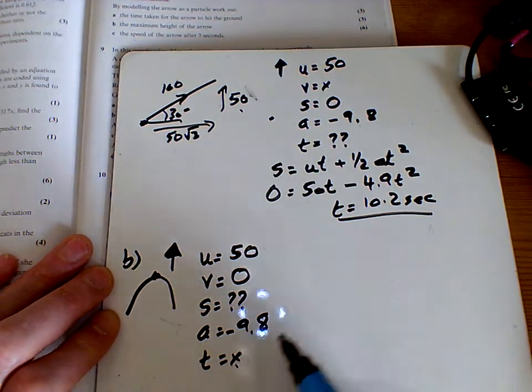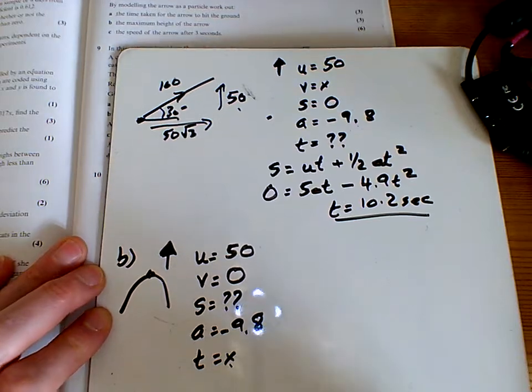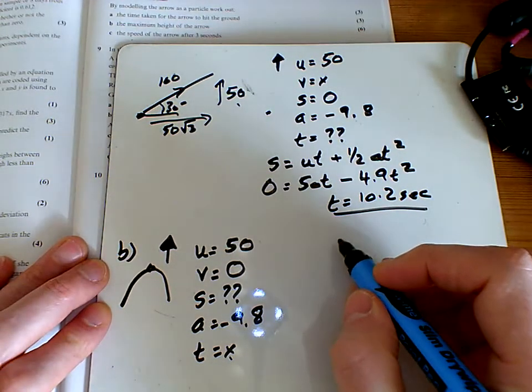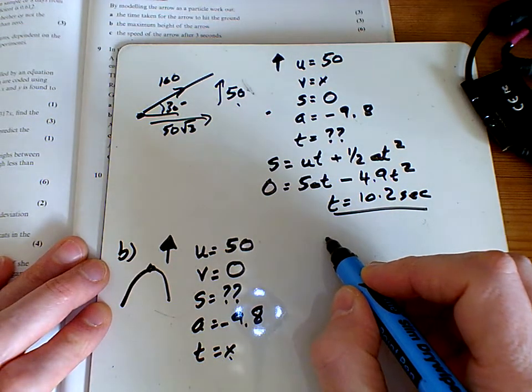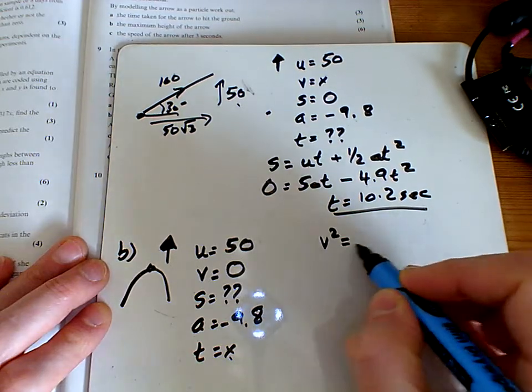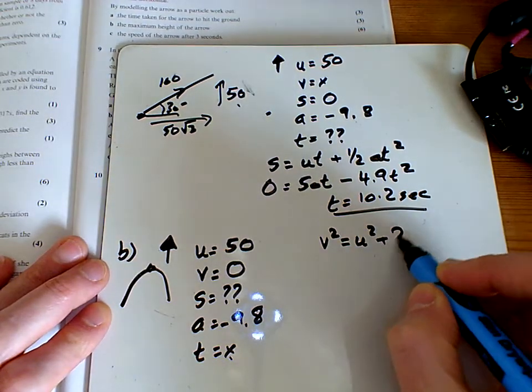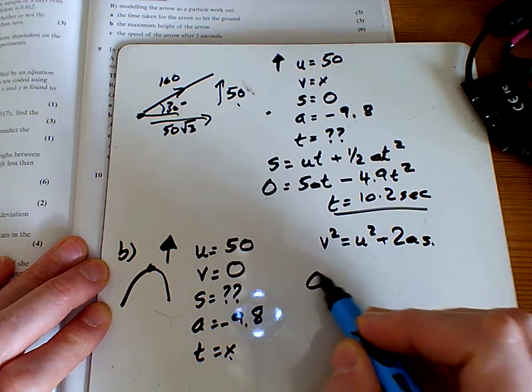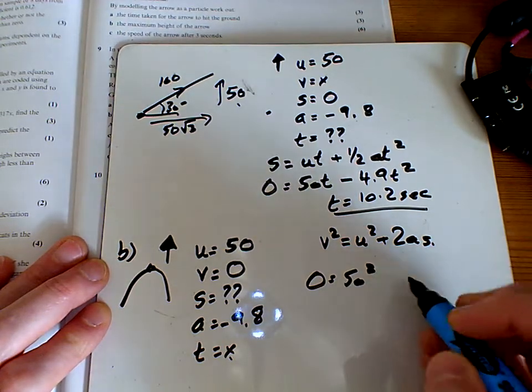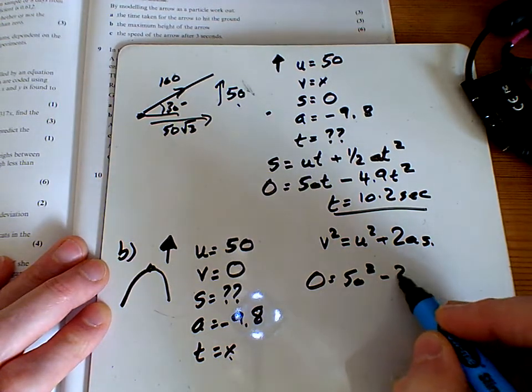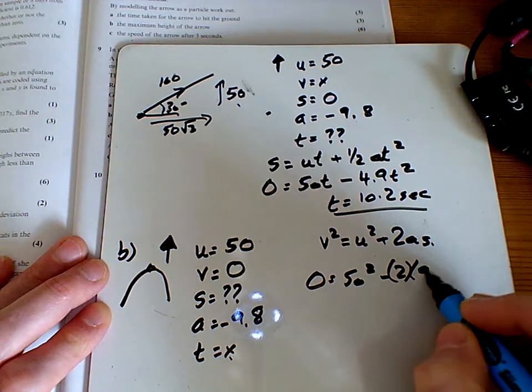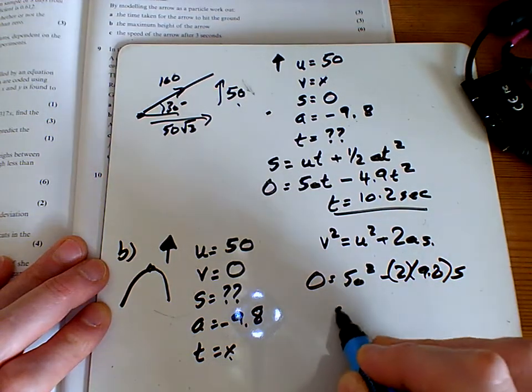I mean, you probably do know that that's 5.1, but there's an alternative way of doing it. So I'm going to use v squared equals u squared plus 2as. 0 equals 50 squared minus 2 lots of 9.8 s.